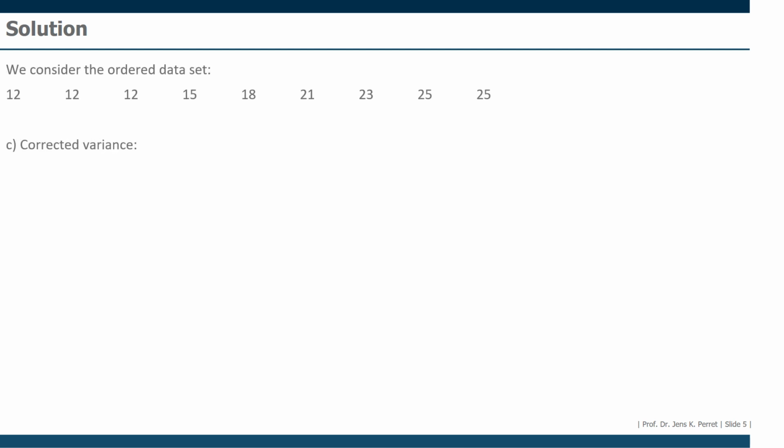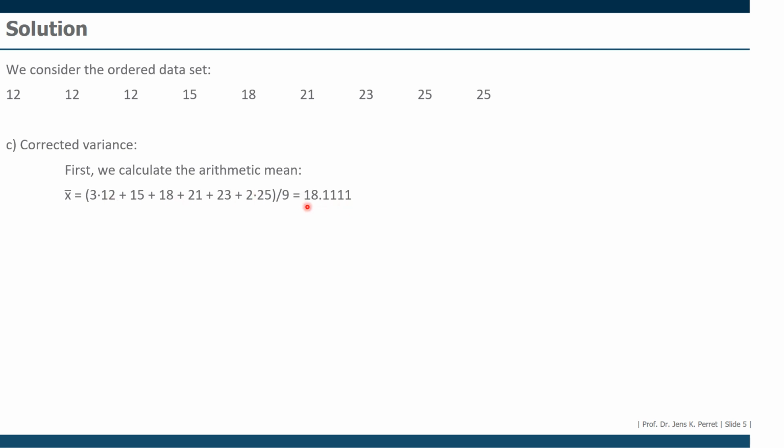In part C, where we need the data again, we're going to calculate the corrected variance. Here we actually have two different versions we can approach this problem with. In both versions, we're going to need the arithmetic mean, simply adding up all the observations and dividing by the number of observations. So here we get 18.1111.